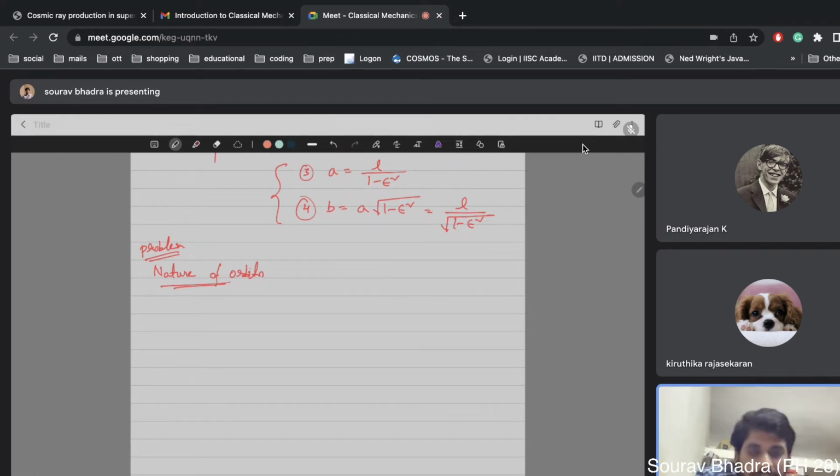Escape velocity is that velocity, if we throw a particle with that velocity, then it will not come back to the position from where it has been thrown. So that is called the escape velocity. Now I will do a problem using that definition.